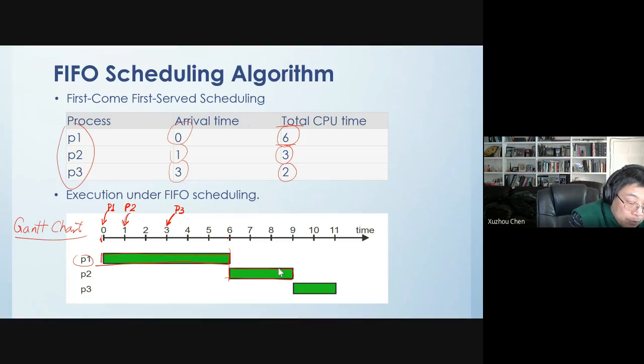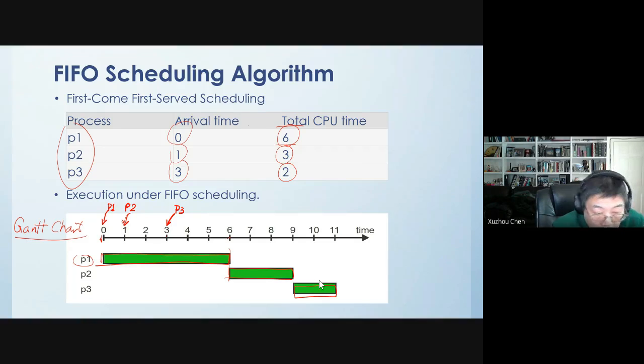So process 2 gets the CPU because it arrived before process 3. Process 3 starts to run after process 2 completes the job. This is the order of executions. FIFO is pretty simple. No questions, right?